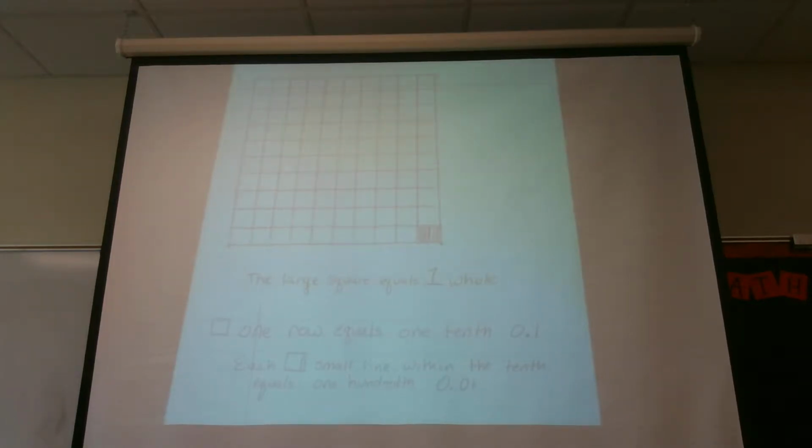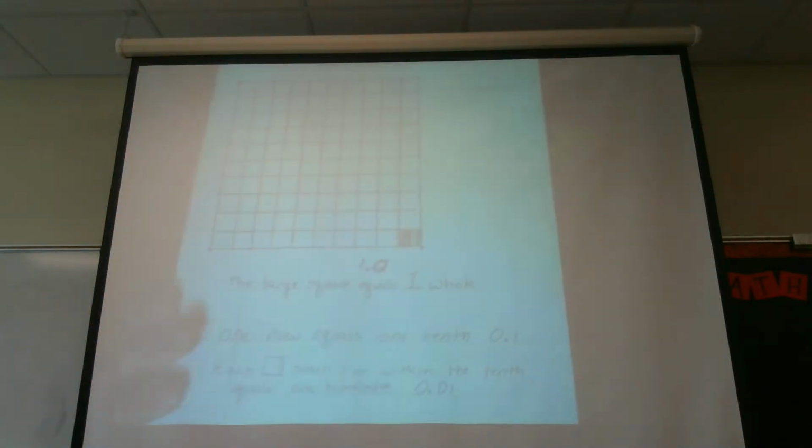So we've learned this is one whole. One whole has a 1 in front of a decimal point. Oh, that should be 0.